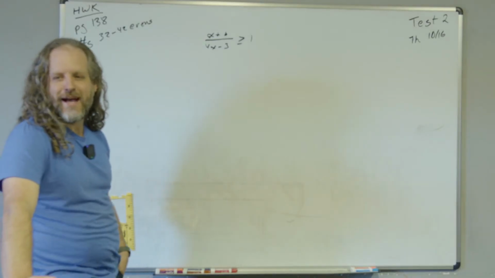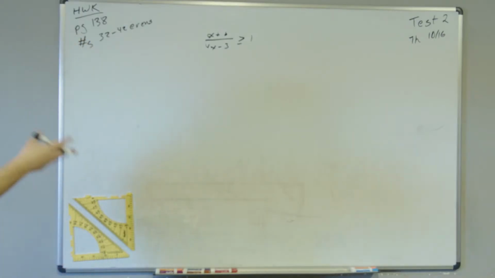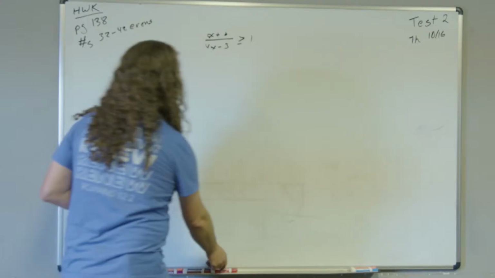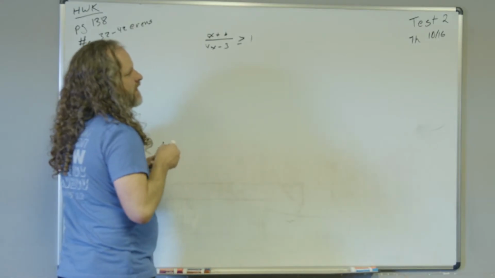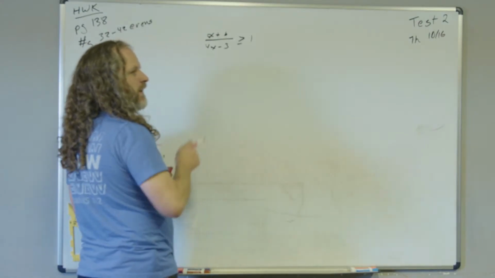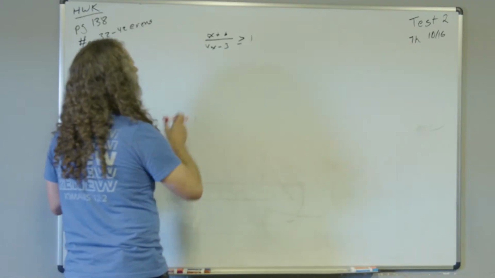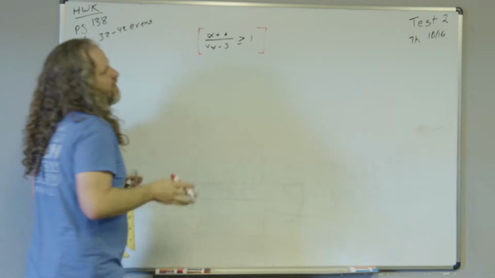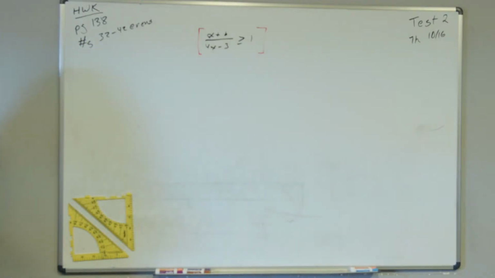What did we do last lesson when we were attacked by something like this? Yeah, that's true. We're going to clear the fractions. Don't erase them from your page because we're going to need that denominator again in a minute.